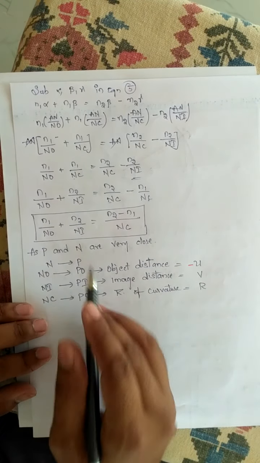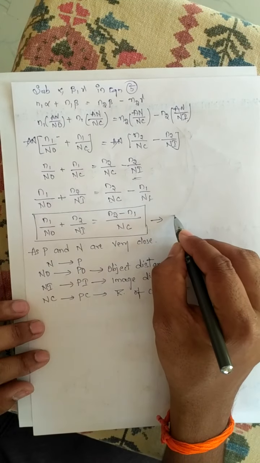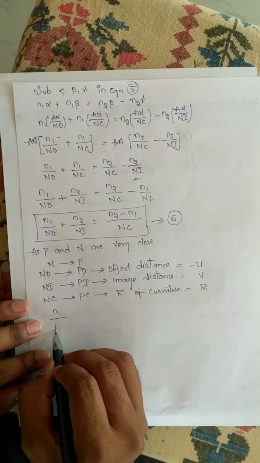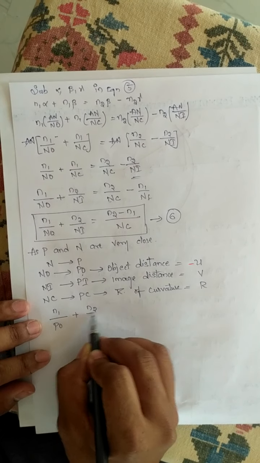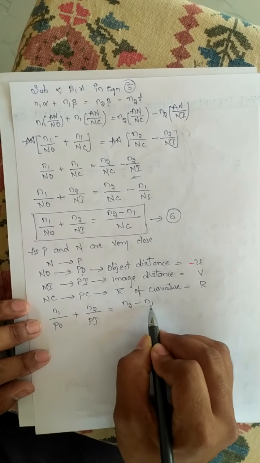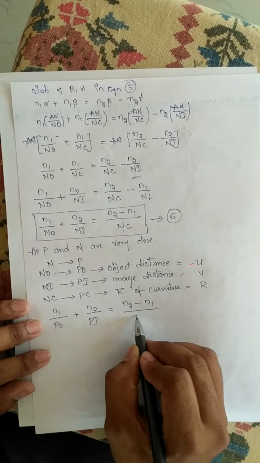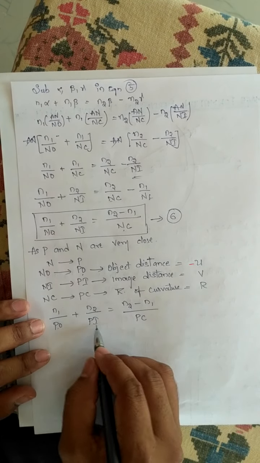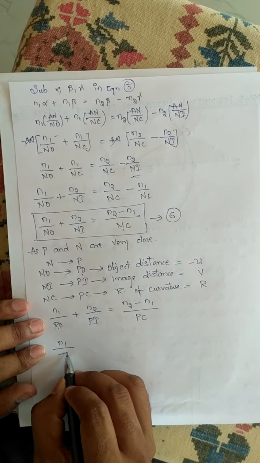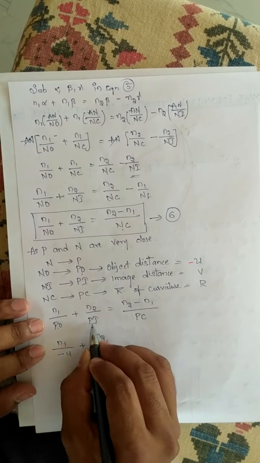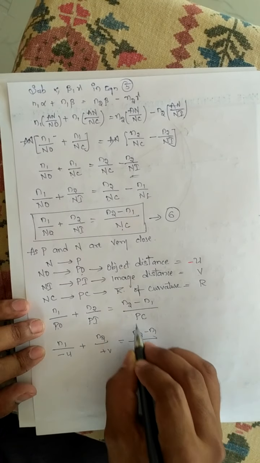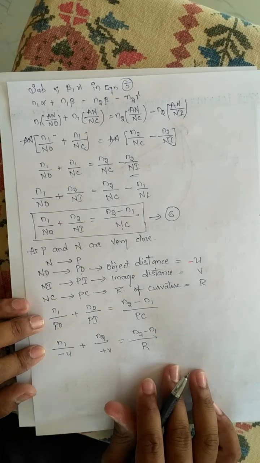Substitute all these in equation number 6. So n1 by NO is replaced by PO, plus n2 by Ni is replaced by PI, which is equal to n2 minus n1 by NC, which is nothing but PC. So n1 by PO means minus U, the object distance, plus n2 by PI is plus V, is equal to n2 minus n1 by PC, which is nothing but the radius of curvature R, right?